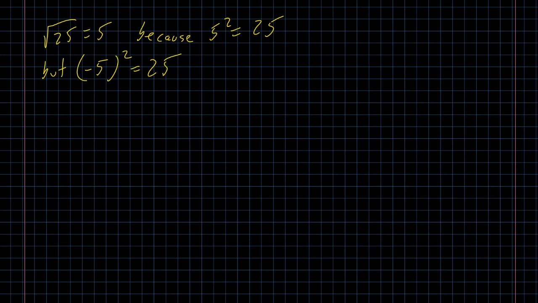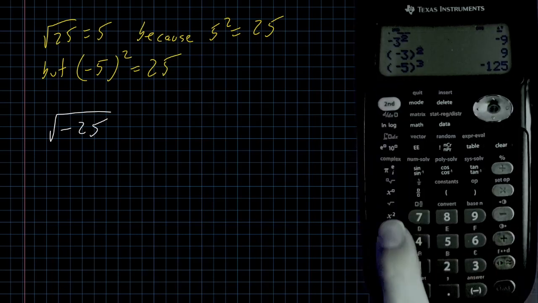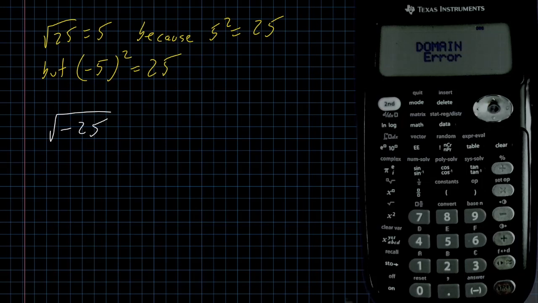But because every problem invites another problem, we square positive 5, we get 25. We square negative 5, we get 25. What do we square then to get negative 25? My calculator says domain error.